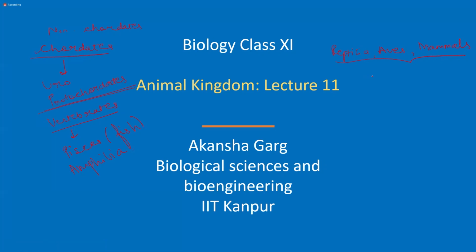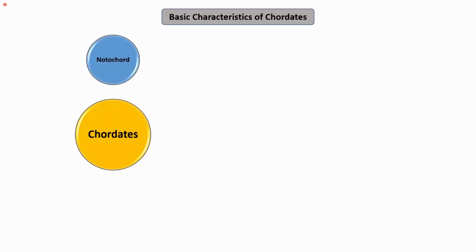So starting with the basis of classification. Again, today we are going to study the animals that have organ system level of organization and are bilaterally symmetrical. We have already learned about the basic characteristics of chordates, which include the presence of a notochord, a rod-like structure.